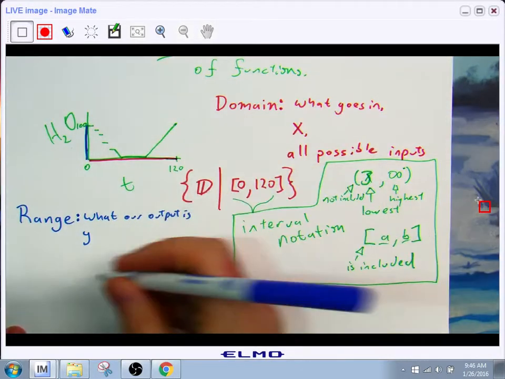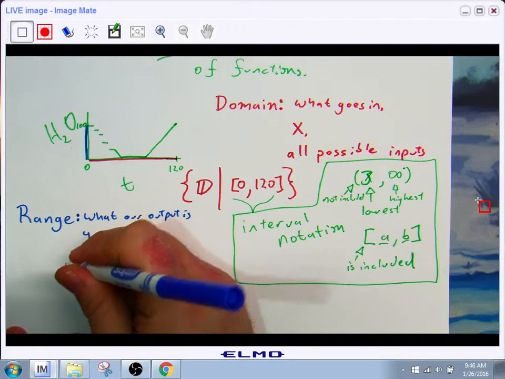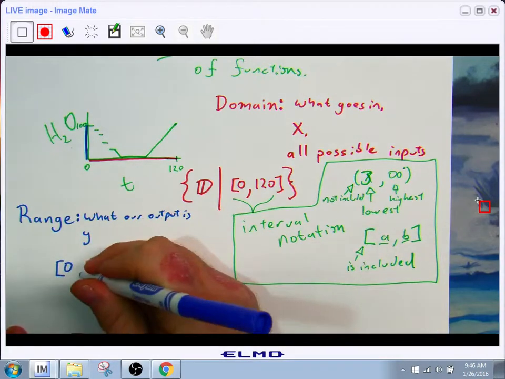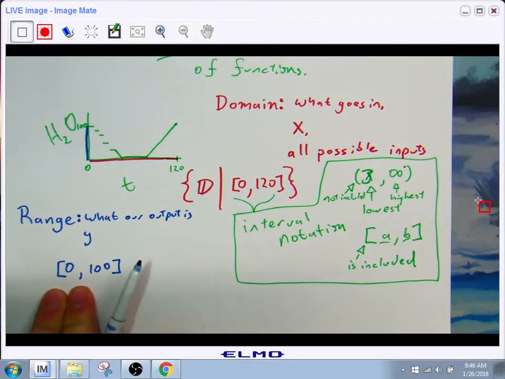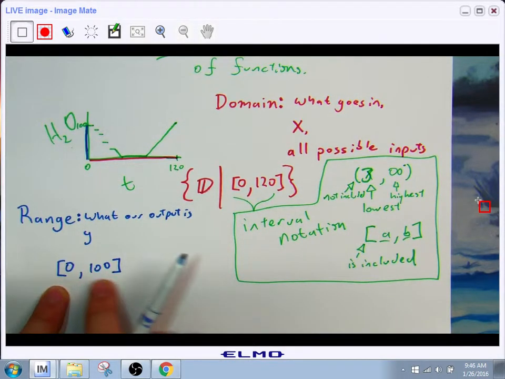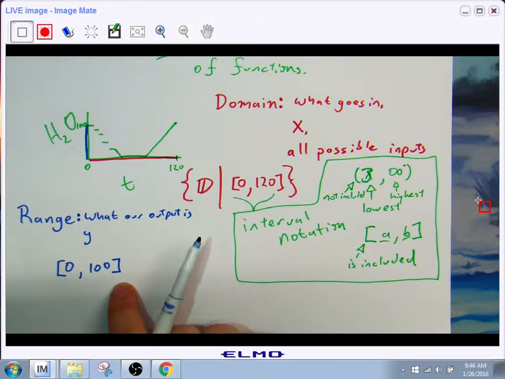In this case, our range is all numbers from 0 to 100. So it's all gallons of water from empty, which is 0, to 100, which is full.